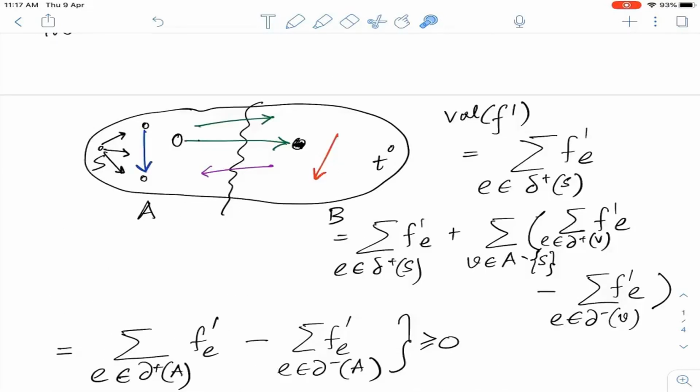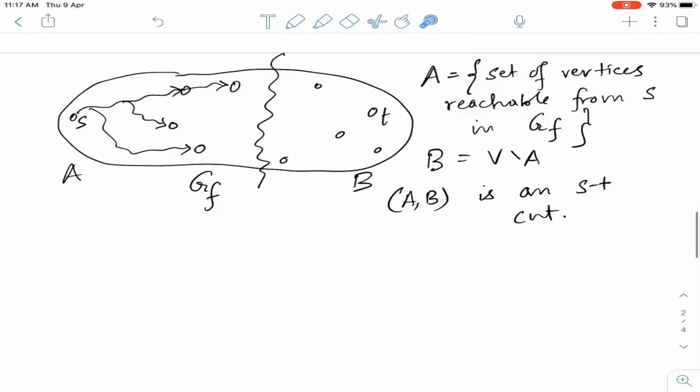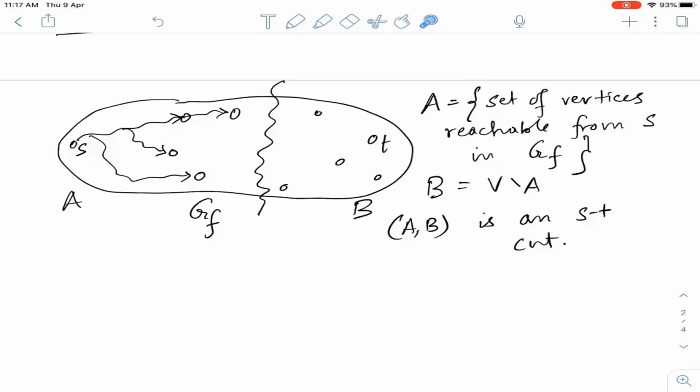So who can tell me which edges can appear in this picture and which edges cannot? Can all the 4 types of edges happen if I take this particular cut, or is there some category of edge that does not occur?